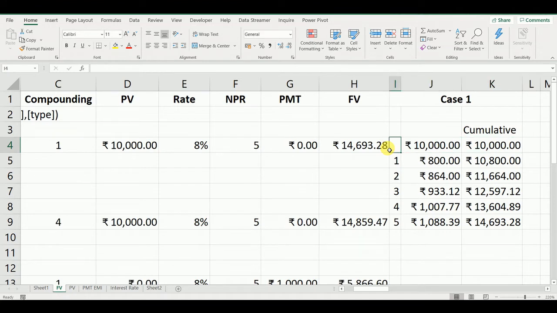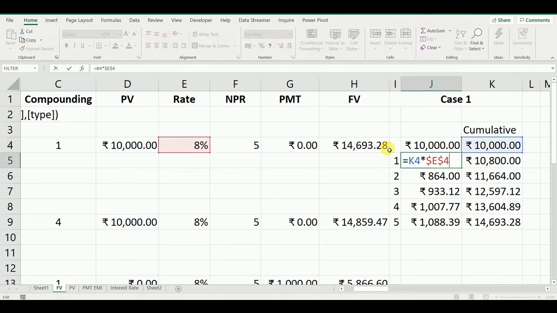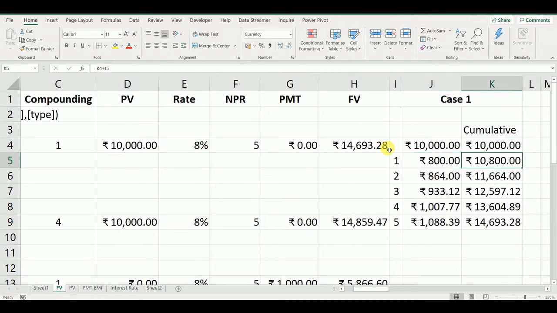So here at present we are investing 10,000 rupees, and after 1 year we will get the interest at the rate of 8% on 10,000. That means 800 rupees. After the first year, our principal will become 10,800.